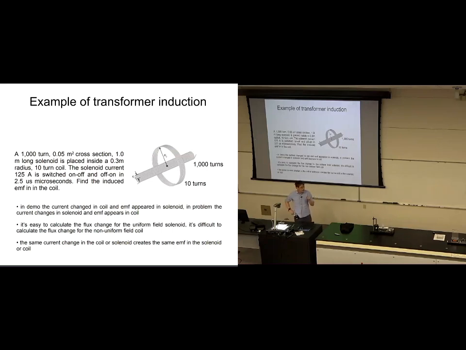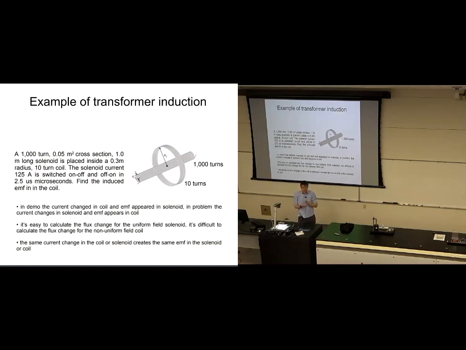It's hard to calculate the flux through the solenoid due to the coil, because the magnetic field and magnetic flux of a coil is rather complicated. But it's much easier to calculate the flux of the solenoid, which produces a simple magnetic field and a simple magnetic flux through the coil.